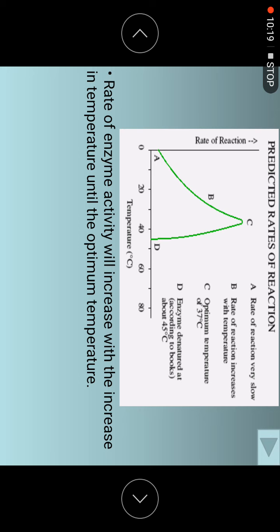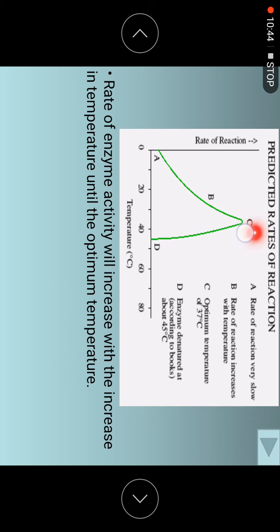When you increase the temperature slowly to the optimum, you see optimum is the highest rate of reaction. So you compare here. The rate of reaction is the highest, meaning the reaction happens the fastest, at a higher speed. So the rate of enzyme activity will increase with the increase of temperature until the optimum temperature.